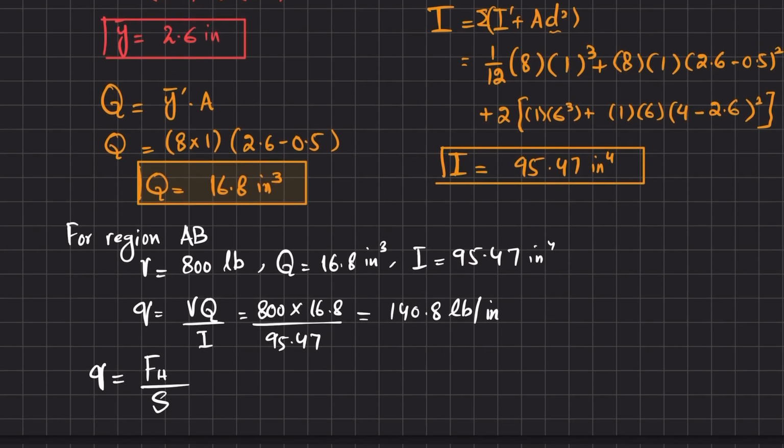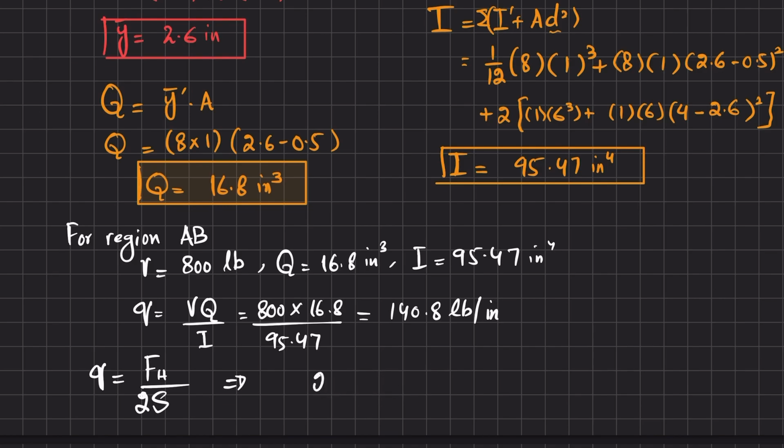So from here you will get FH is equal to q divided by 2s. 2s is why? Because one nail is contributing on both sides, so we will divide it by 2. FH is the horizontal shear force per unit length. Clear? So we are interested to find out this 2s or s.